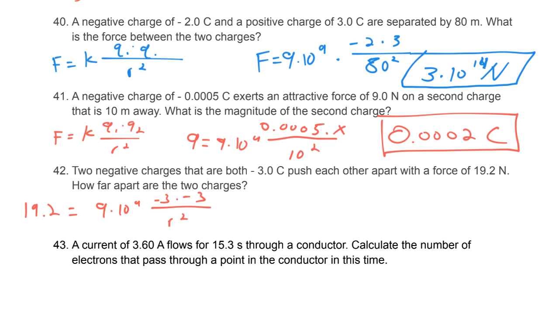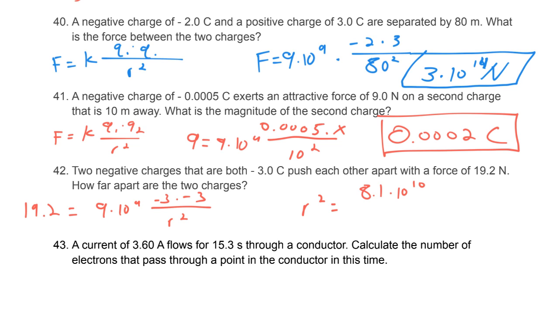So to solve for the radius here, I'm going to do a little rearrangement and just get radius squared equals these three things multiplied, 9 times 10 to the 9th times 3 times 3. So that's 8.1 times 10 to the 10th.